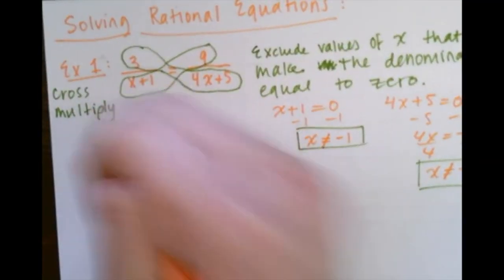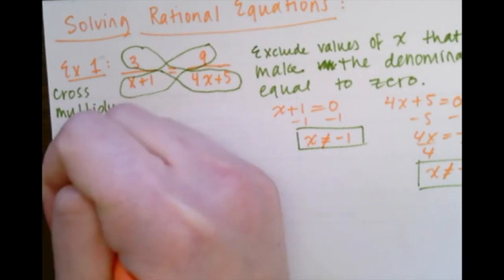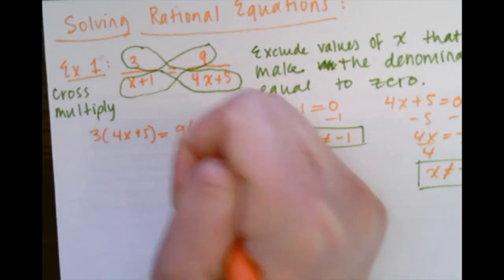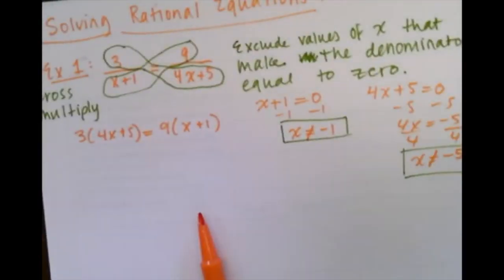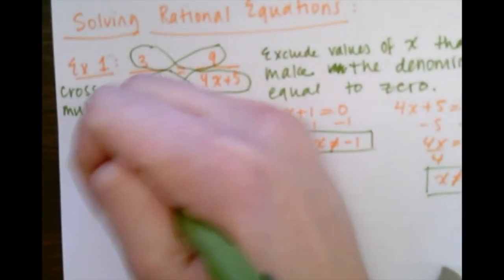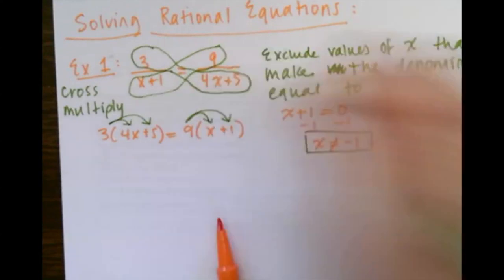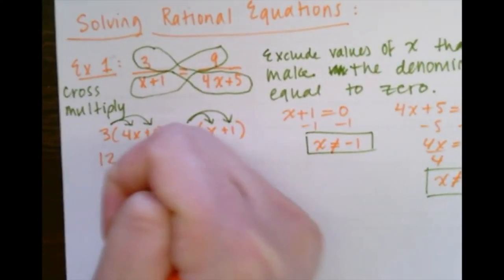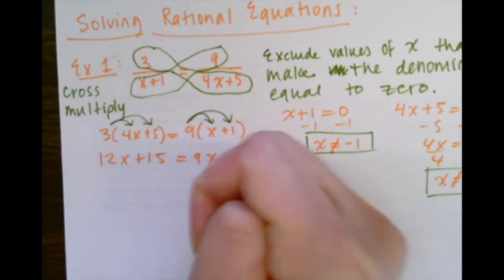I have to remember to distribute, so 3 times 4x plus 5 is equal to 9 times x plus 1. Distributing in, I get 12x plus 15 is equal to 9x plus 9.